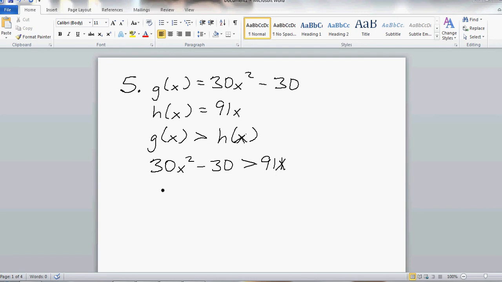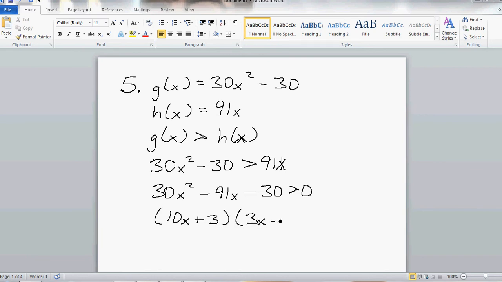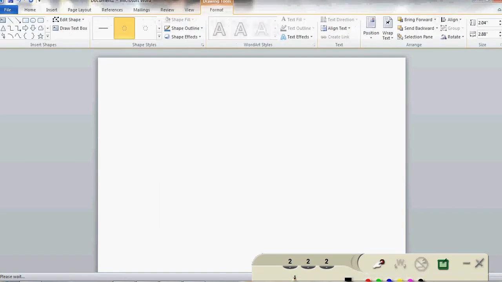Let's subtract 91x from both sides, so we get 30x squared minus 91x minus 30 is greater than 0. And this is what we're going to eventually check. If we look at this, this does factor to 10x plus 3 and 3x minus 10, and we're going to set that equal to 0.